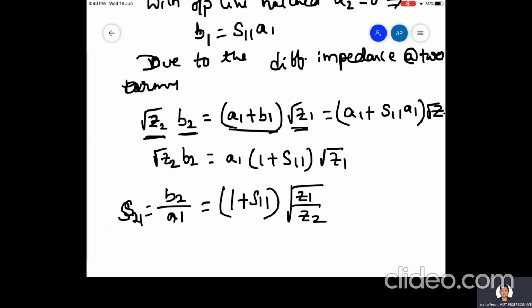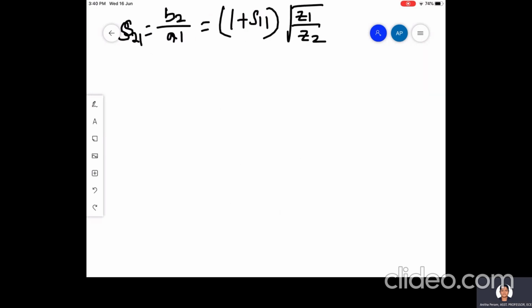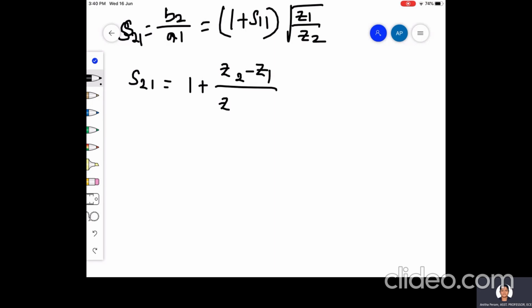Or you can also express this S21 as, considering S11 in this equation, 1 plus S11, where the reflection coefficient we have already determined in terms of impedance, which is Z2 minus Z1 by Z2 plus Z1, multiplied with square root of Z1 by Z2. Now you expand this one: Z2 minus Z1 plus Z2 plus Z1.